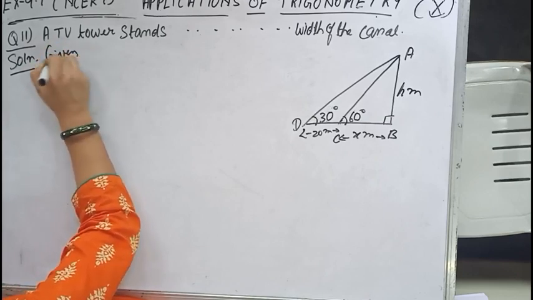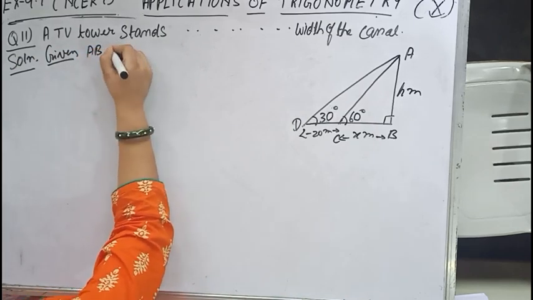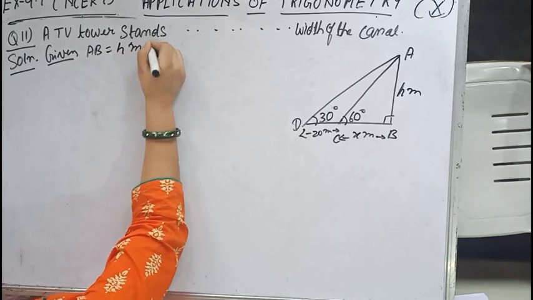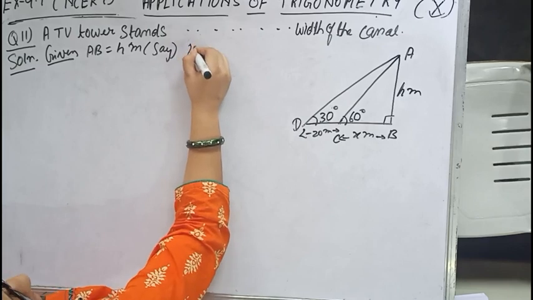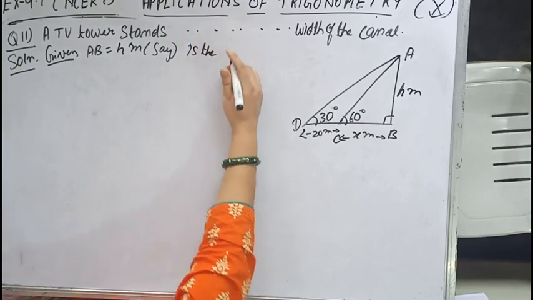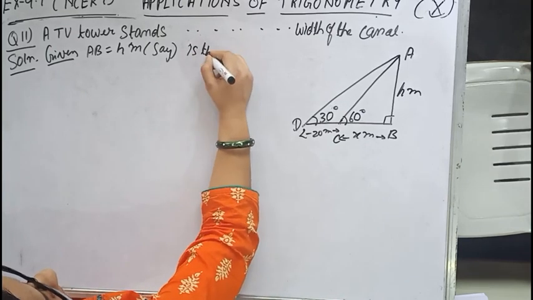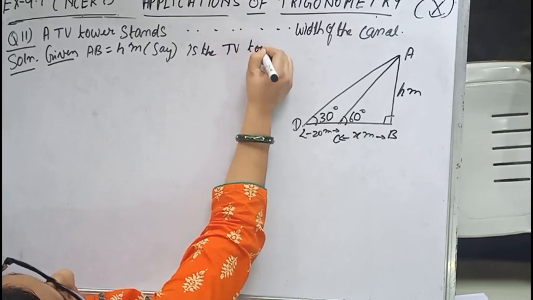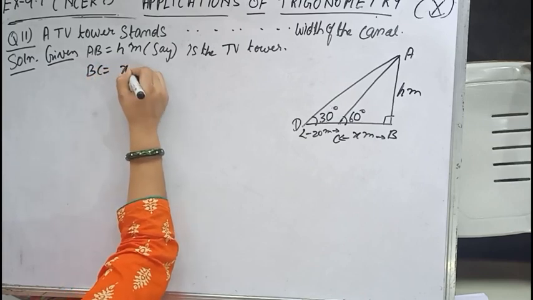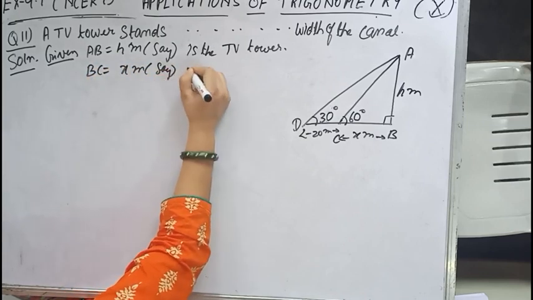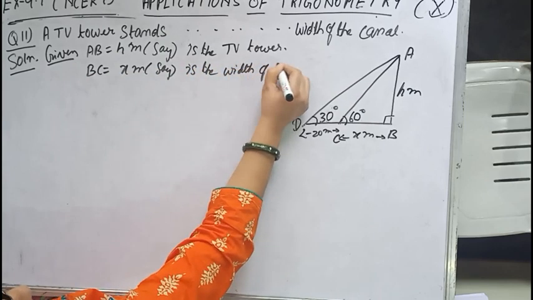Given. Everywhere I was writing let, here I am writing given. Given AB equals h meter, say this I am supposing be the TV tower, and BC equals x meter, say is the width of canal.